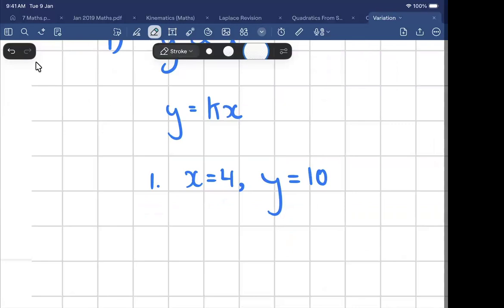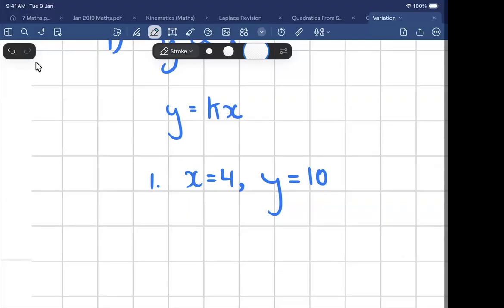K. Right, so we need to make an equation for K, where K is the only unknown. Number one, do we have an equation with K? Yeah, y equals kx. Good. But right now there are three unknowns there. But do we know what x and y are? So how could I use that information? Tell me.